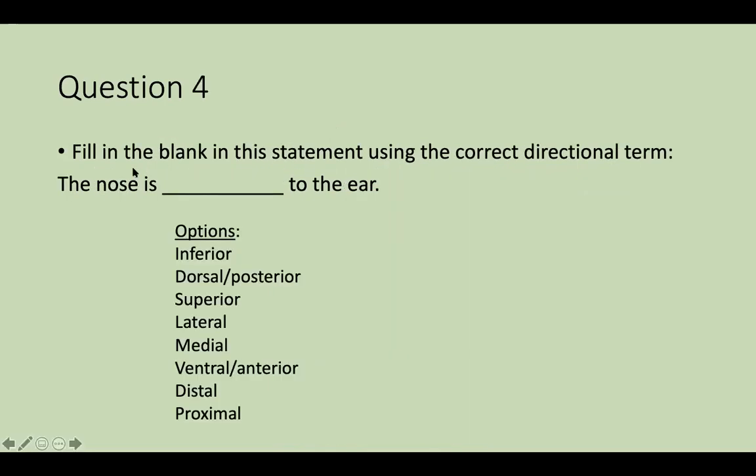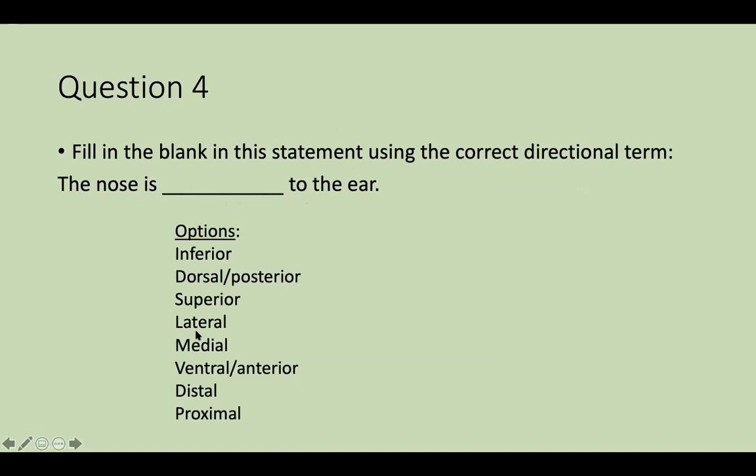Okay, question 4. This is just to fill in the blank with the directional term. The nose is what to the ear? So the nose compared to the ear. You're talking about middle of the body versus the side of the body. So that means the nose is going to be medial to the ear.